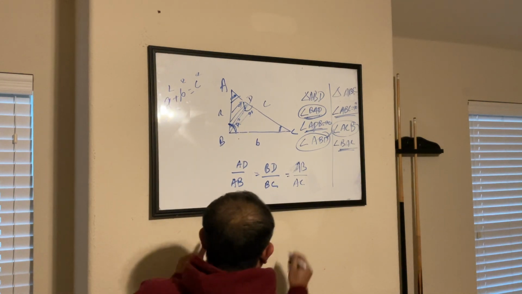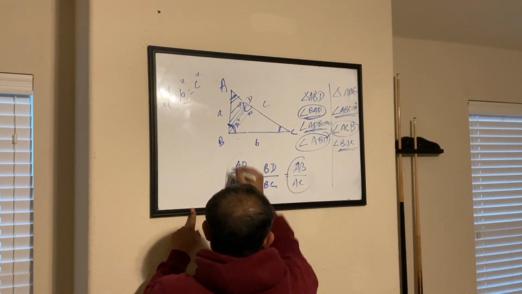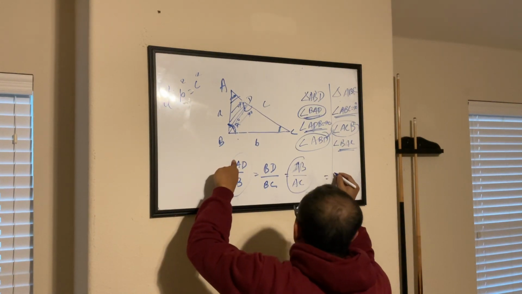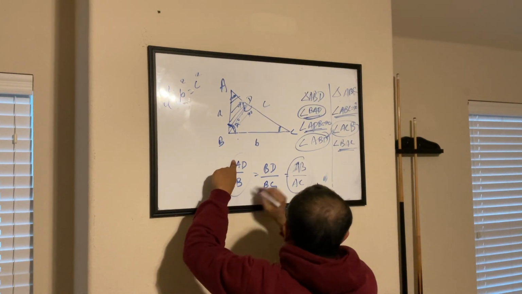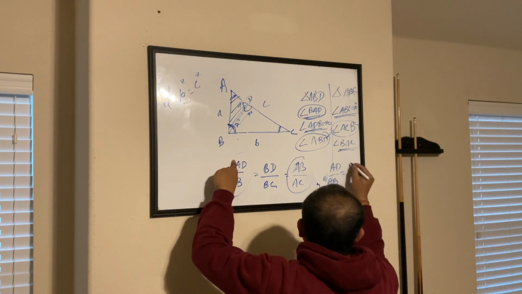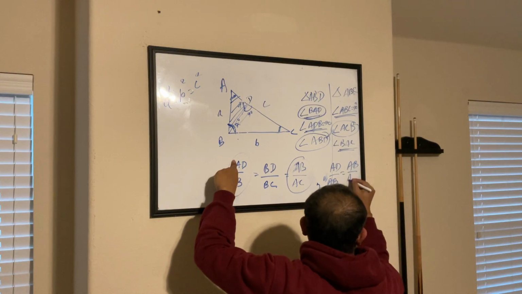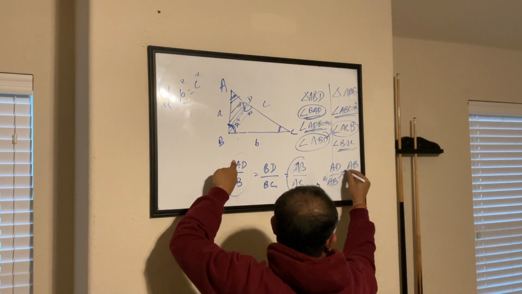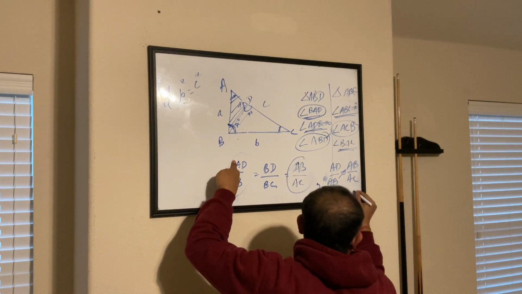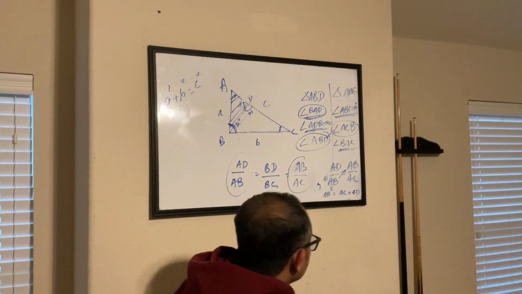So what I will do is I'll pick this and this. So AD by AB equal to AB by AC. That makes it AB squared equal to AC into AD.